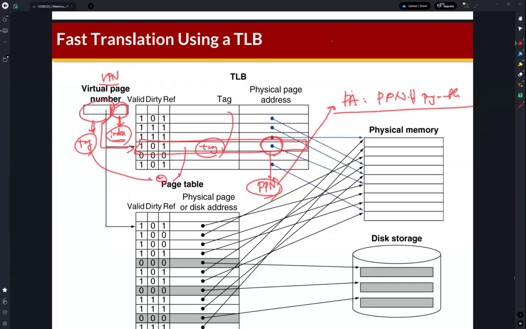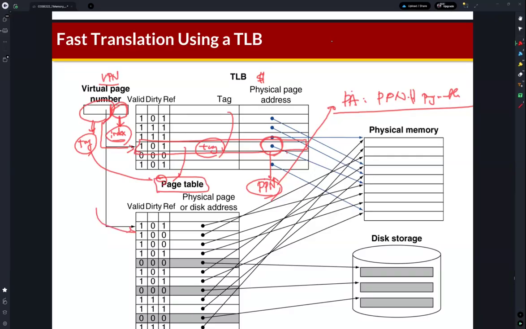But the TLB is also a cache, which means a TLB miss can be encountered, obviously, because the TLB is a cache. In this case, if the TLB is missed for this virtual page number, then we access the page table.